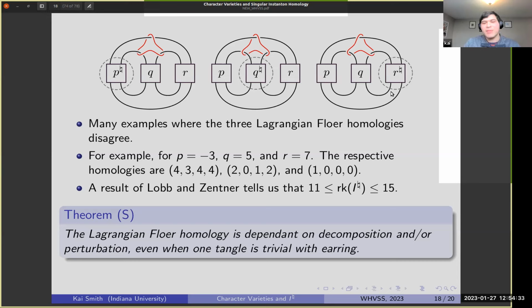But in general, there's not very many other building blocks where the character variety is understood. There's a couple that come from decomposing torus knots from Hedden, Herald, and Kirk's paper. And so we know what those character varieties look like. You could sum those with other parts of torus knots or rational tangles, that sort of thing, and that works fine.